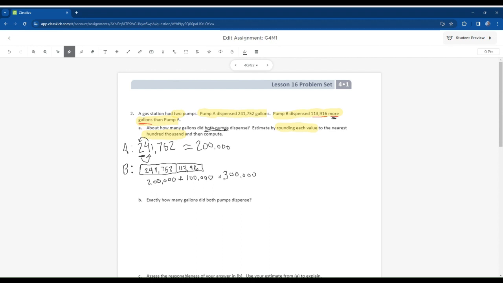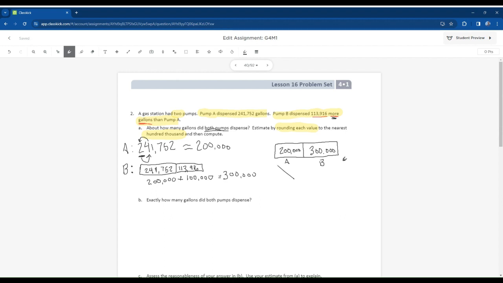And now for both pumps, I'm just going to add pump A to pump B. And that will give me the total amount. So again, this is A, which is 200,000. B is about 300,000.